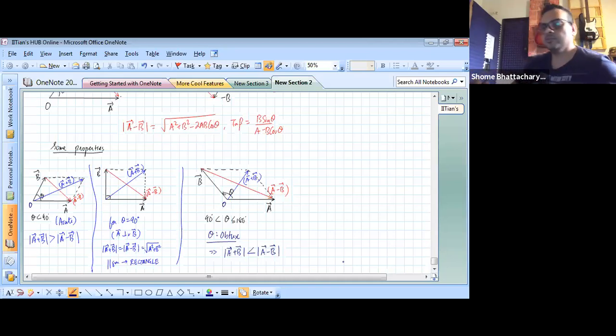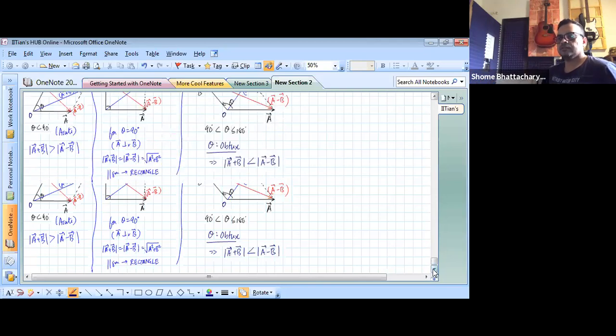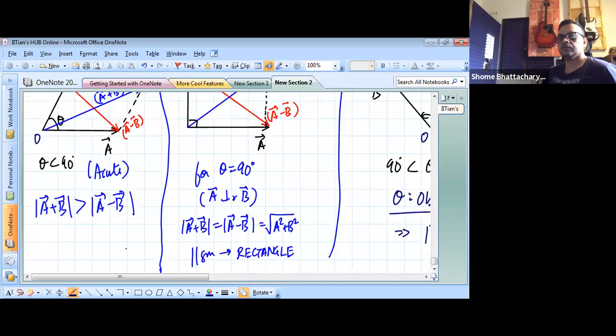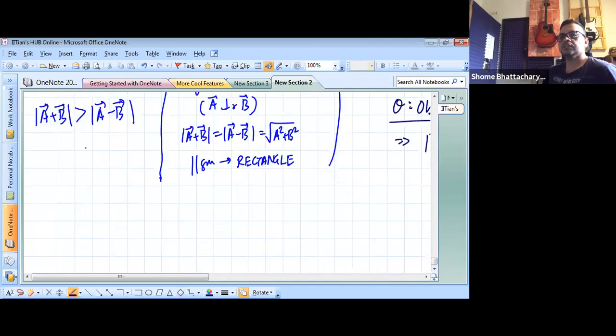Okay, so one more important thing that we can understand from this now is that in the case of an acute angle, this case over here, magnitude of A plus B actually becomes greater than root of A square plus B square because cos theta is positive.